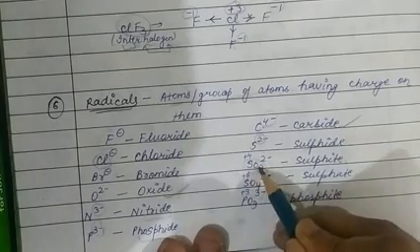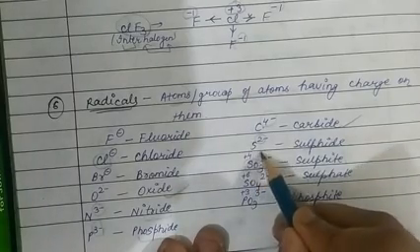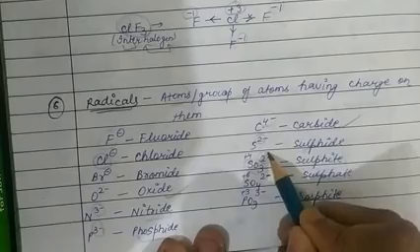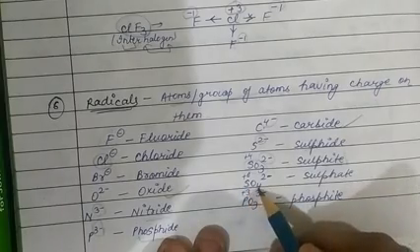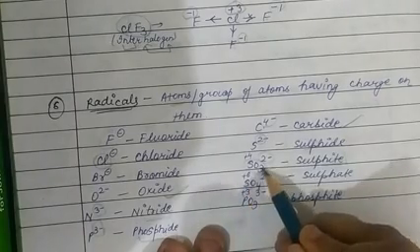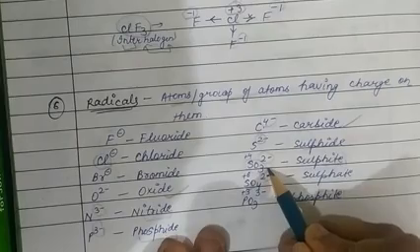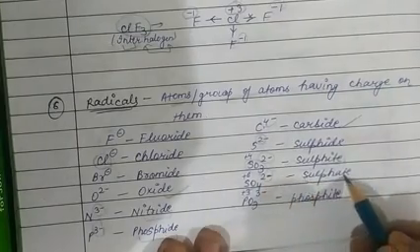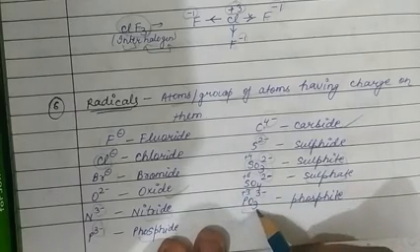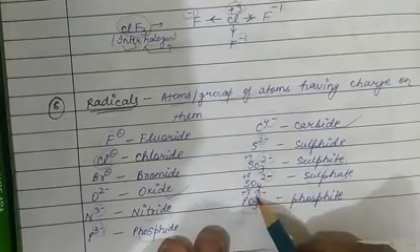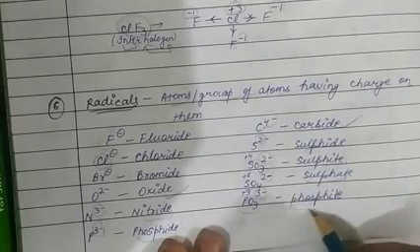SO3 is a group of atoms carrying negative charge, we call it sulfite. Again SO4, a group of atoms carrying 2 units of negative charge, we call sulfate radical. Again PO3, a group of atoms carrying 3 units of negative charge, we call it phosphite.